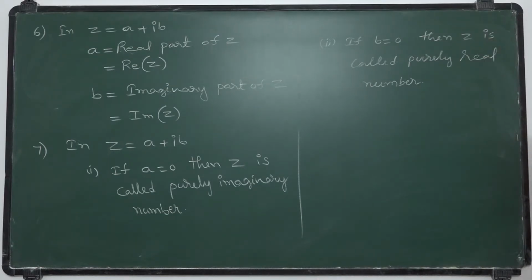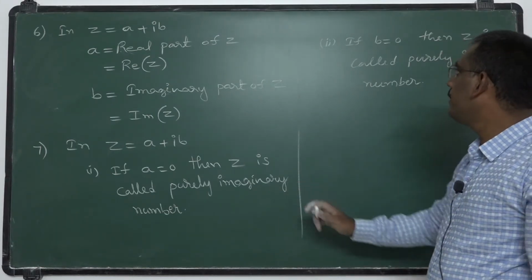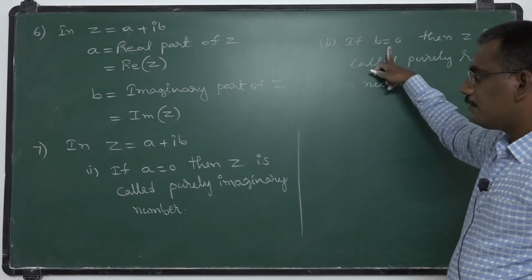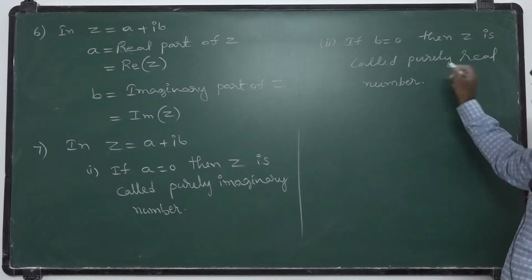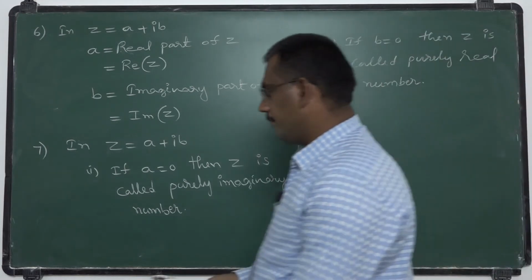If a equal to 0, Z is called purely imaginary, whereas if b equal to 0, then Z is called purely real.